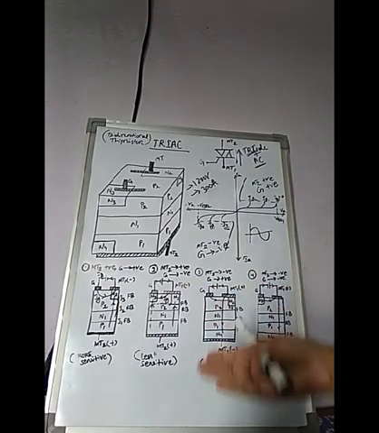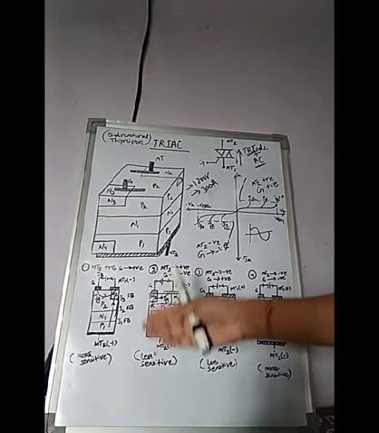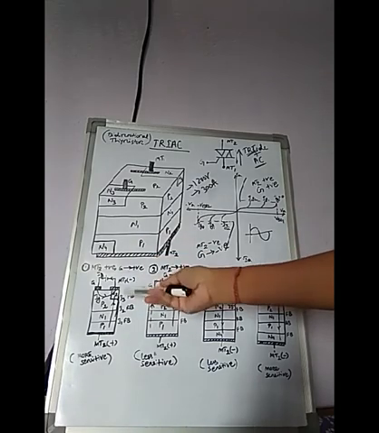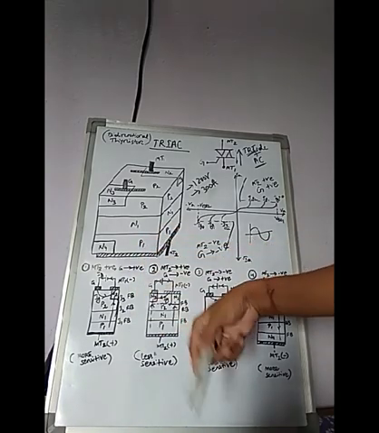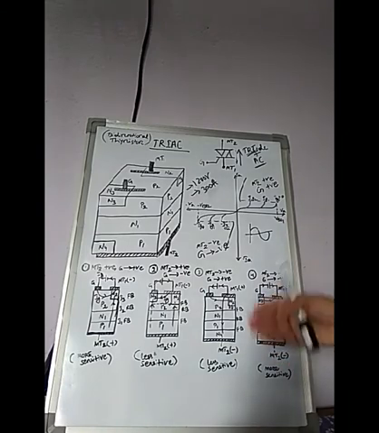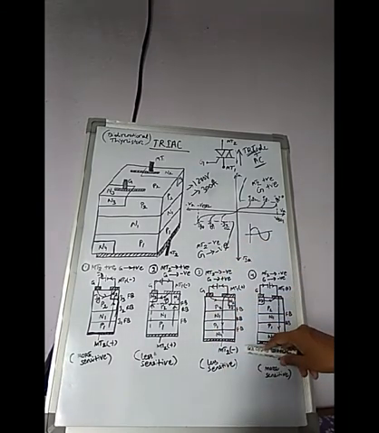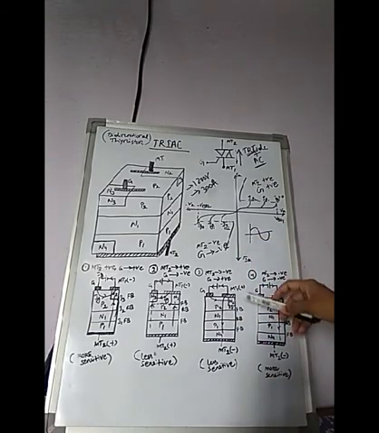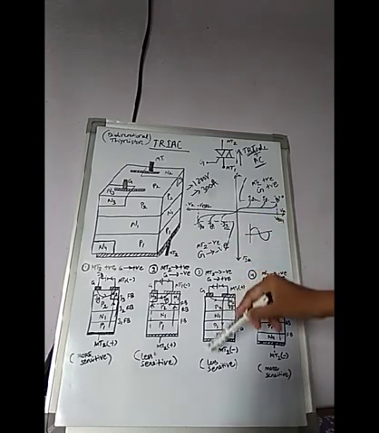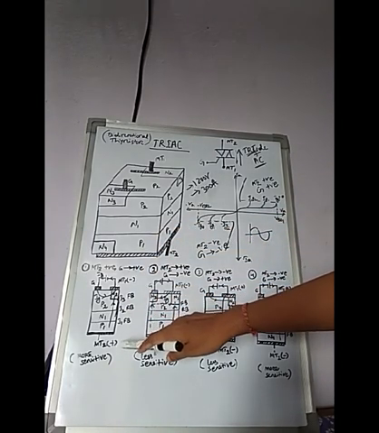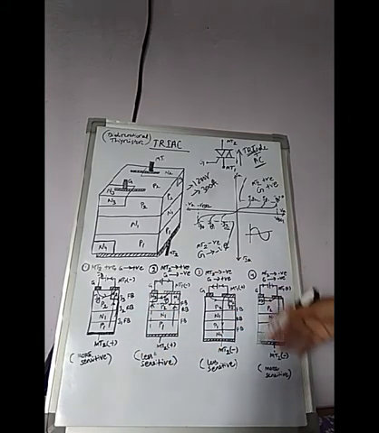So sometimes the triac may turn on when MT2 is positive, in the first quadrant, but in the other case the triac fails to turn on, that means when MT2 is negative, MT1 positive, but gate is positive. So in the first quadrant, sometimes the triac may turn on with MT2 positive, but may fail to turn on when MT2 is negative.